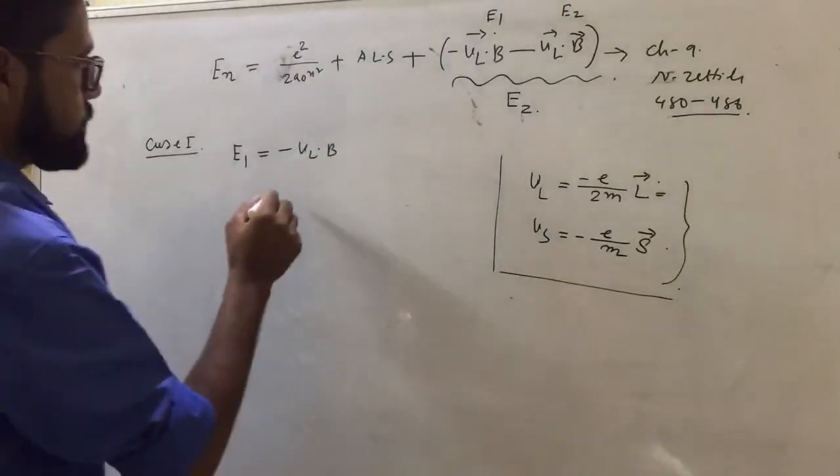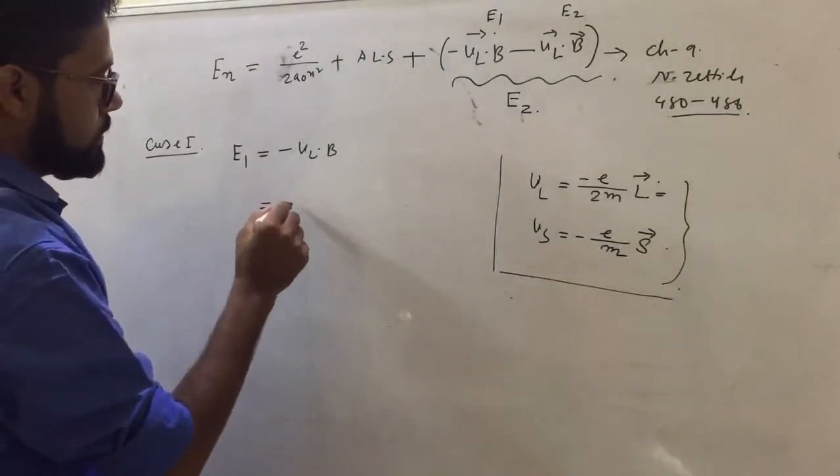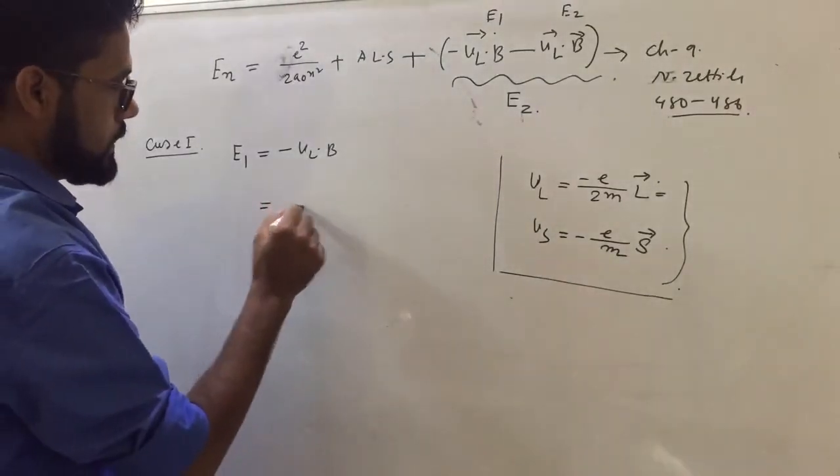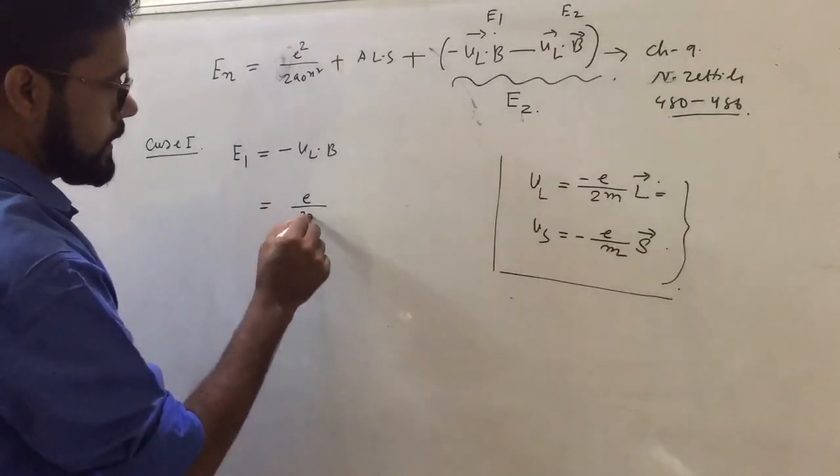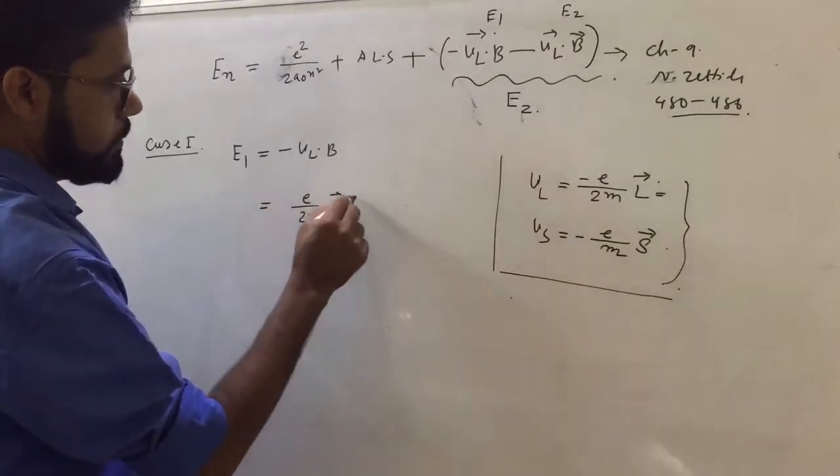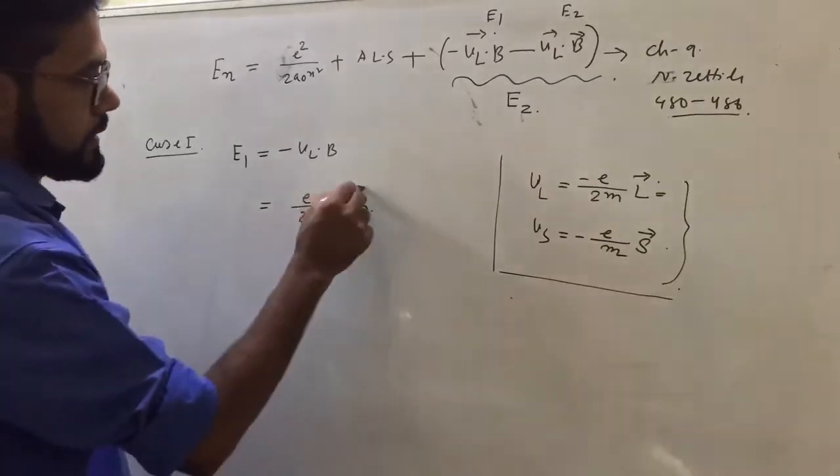Now, if I put this value, what is the value of e by twice m L dot B? B is the magnetic field vector.